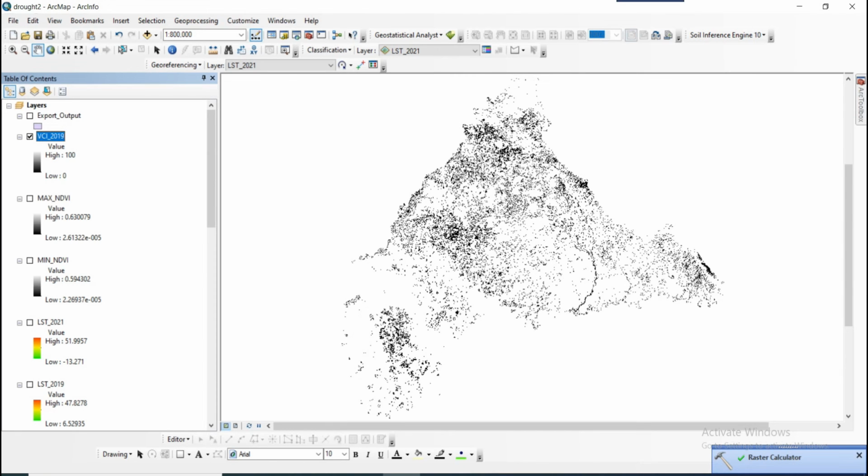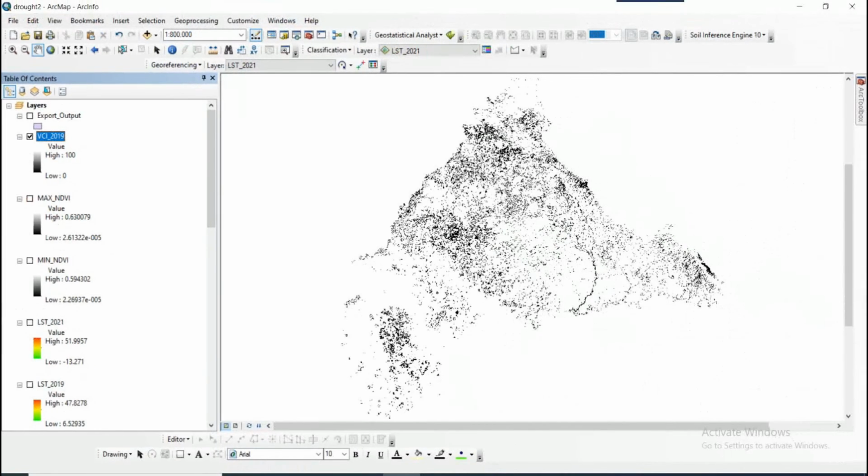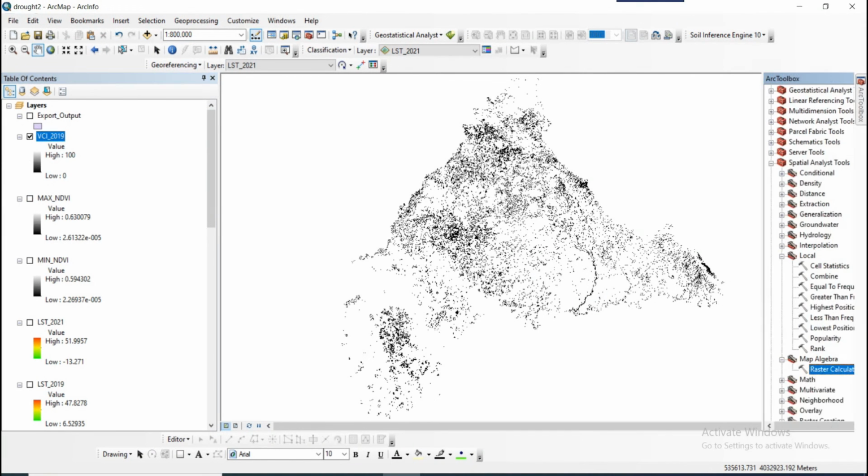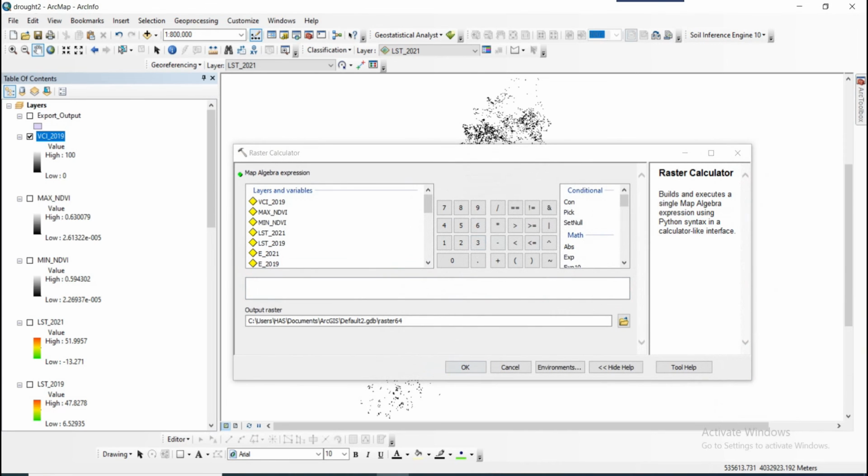Now we have VCI that its value is from 0 to 100, and we will repeat this process in order to obtain the VCI for 2021.